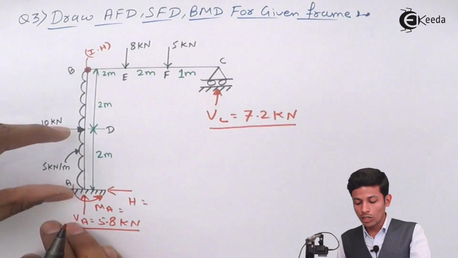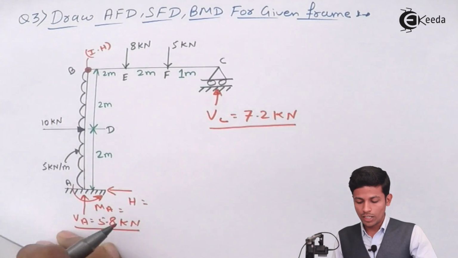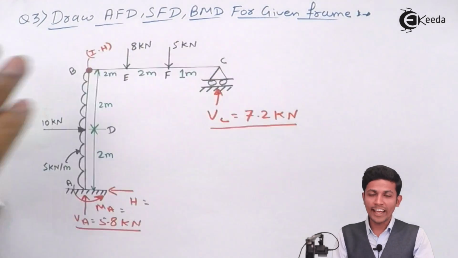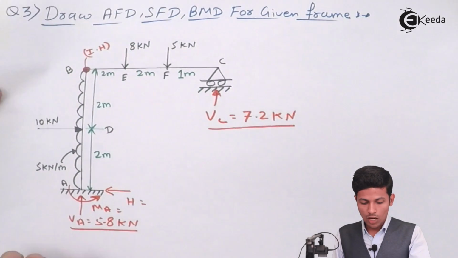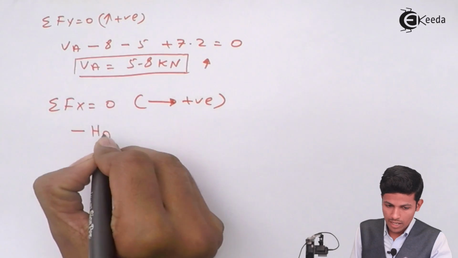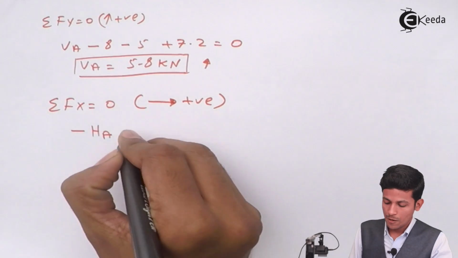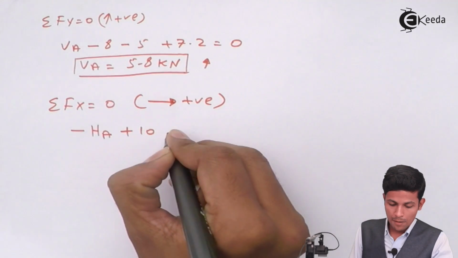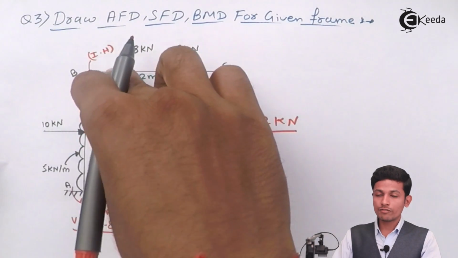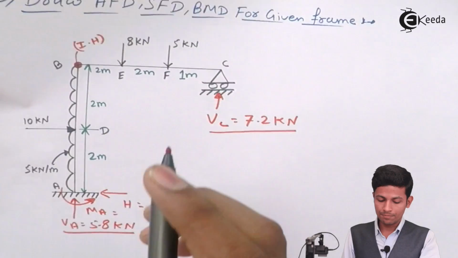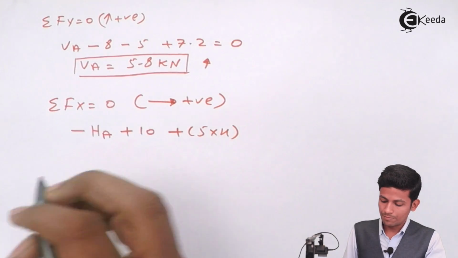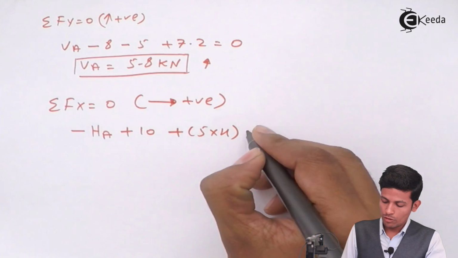Always remember the UDL also comes into the picture, do not neglect the UDL part, because it also acts in the X direction. Now see, minus HA plus 10 plus UDL 5 and load distance 4, then 5 into 4, equal to 0.